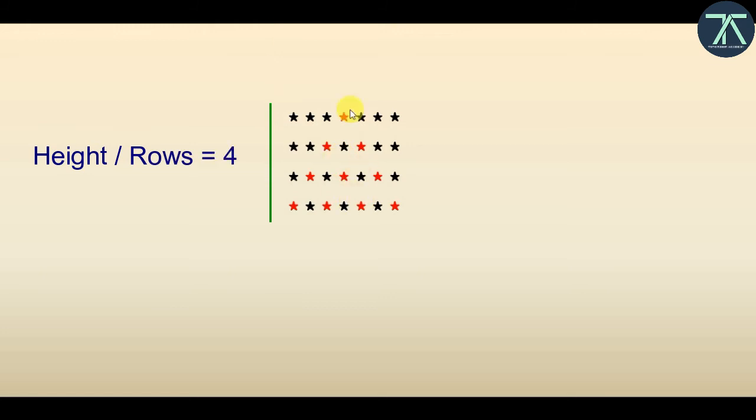In the first row, on the left side of the red star, there are 3 black stars which we are going to replace by spaces. In the second row we have 2 black stars at the extreme left of the red stars, which we are going to replace with spaces. In the third row there is only 1 black star at the extreme left of the red stars, right? And the fourth row itself starts with a red star.